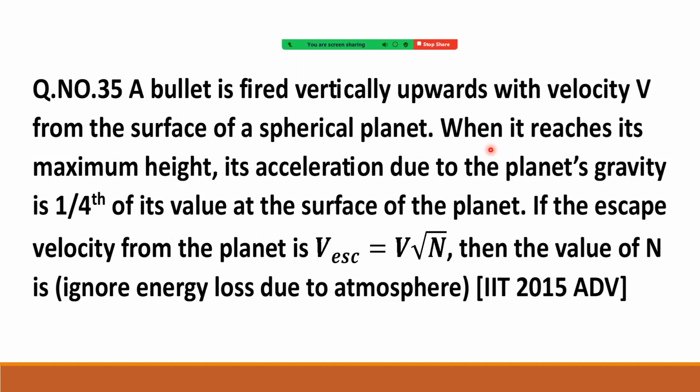When it reaches maximum height, its acceleration due to the planet's gravity is 1/4 of its value at the surface of the planet. So the key point here is, it is 1/4 of its value at the surface of the planet. If the escape velocity from the planet is v root n, then the value of n is?